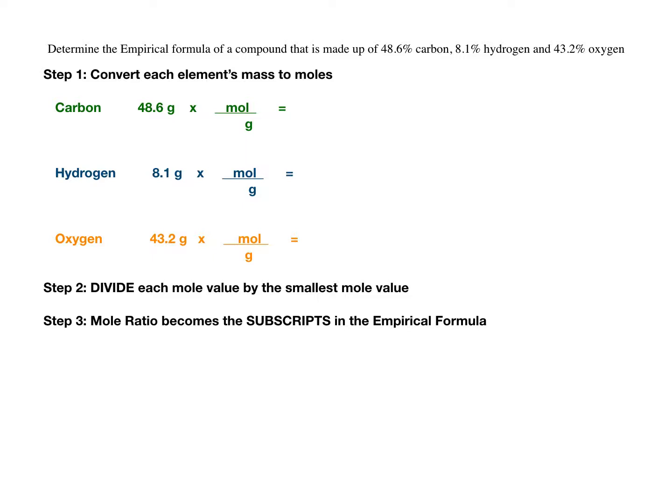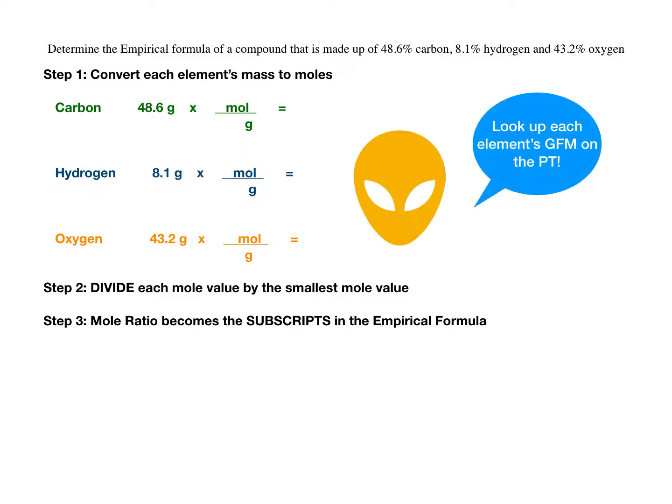Since we're starting off with individual elements, to convert those masses into moles, we simply need to look up each element's individual GFM on the periodic table. So get out your periodic table, look at the atomic masses, round them to the nearest 10th place, and that will be our GFM for this problem.